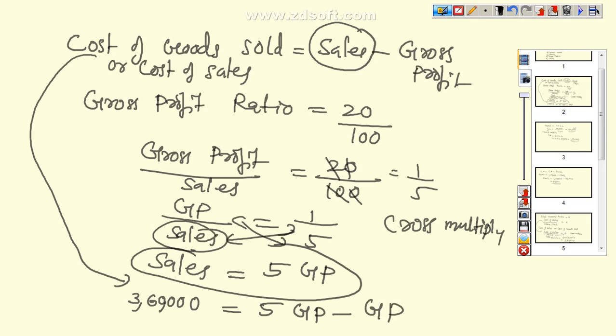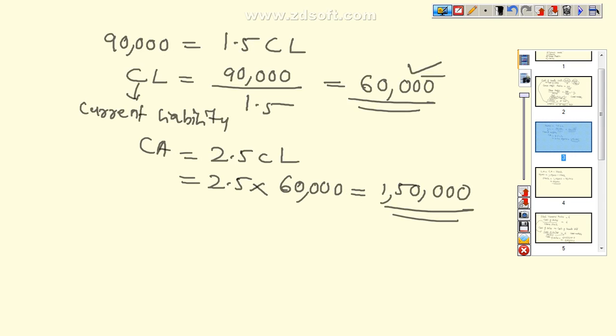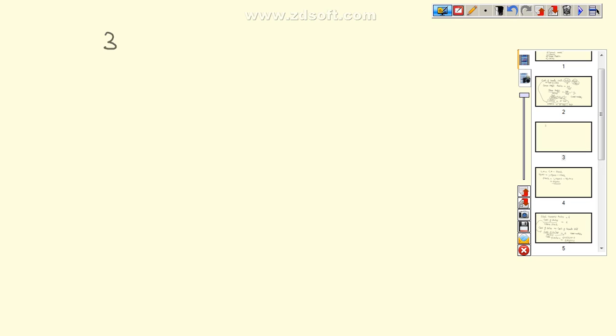We are substituting in this formula: instead of sale we write 5 GP, and GP is already there. So 3,60,000 is equal to 5 GP minus GP, that is equal to 4 GP.